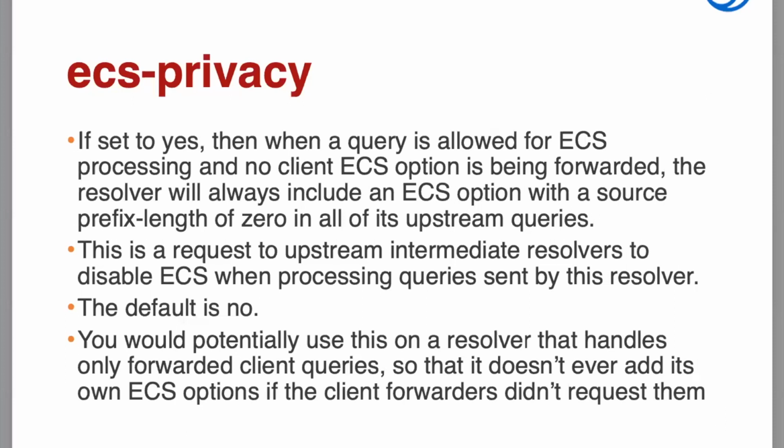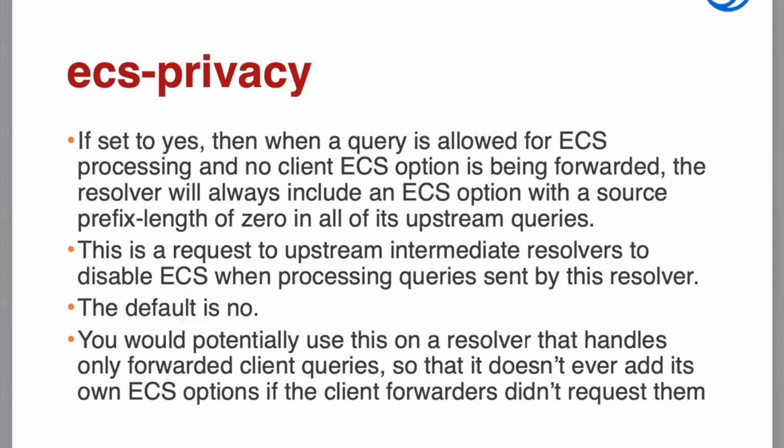I think this is a useful thing where you are the resolver that doesn't normally receive direct client queries, wouldn't normally be expecting to do ECS itself, would normally only be forwarding queries from other resolvers. And you want to honor what they send.